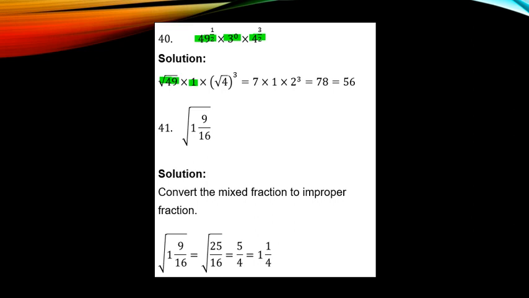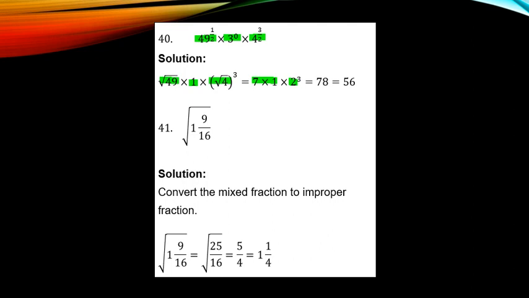Looking at the third term, if you factor out 3 from where it is now, you are left with 1 over 2. That means root. So you have root 4 to the power of 3. Root 49 is 7 times 1. Root 4 is 2. Then the power of 3 affects it, so 2 cube is 8.